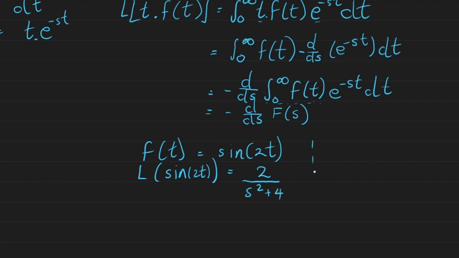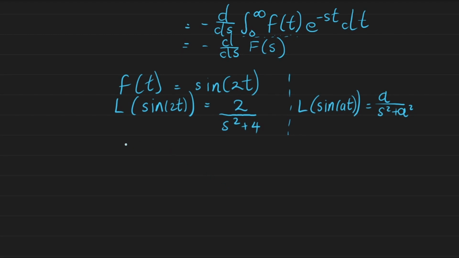Just a reminder here that the Laplace transform of sine at is equal to a over s squared plus a squared. In this instance a is 2, and that's how we get this. We derived this in the first video in this series.